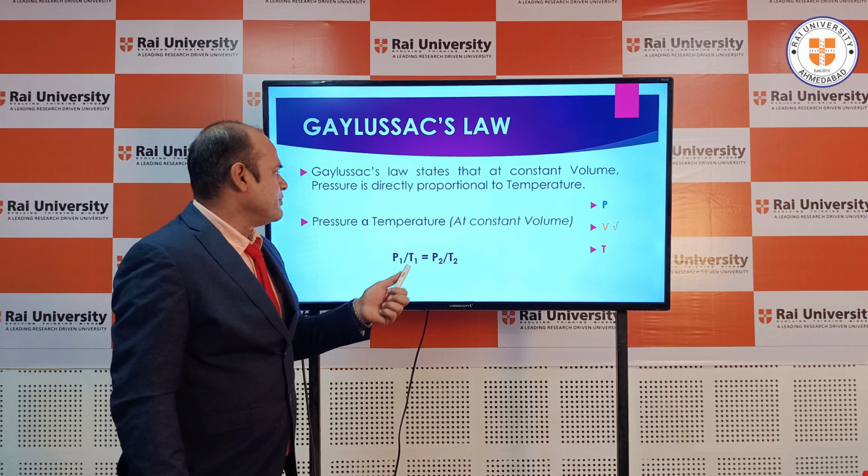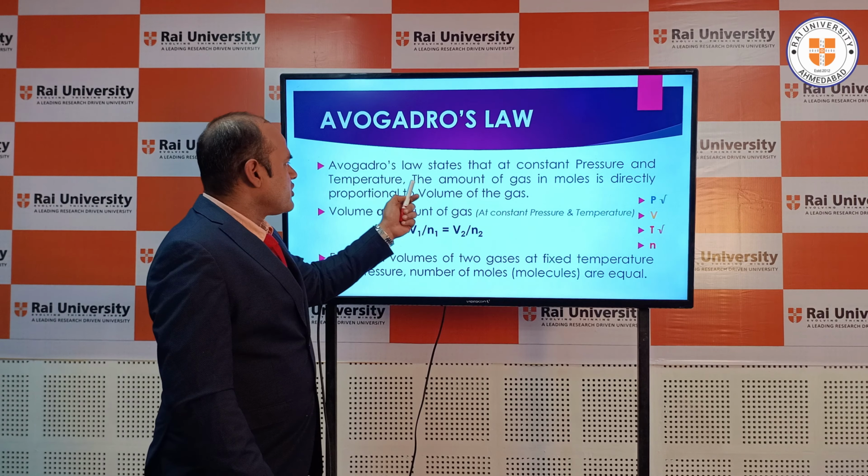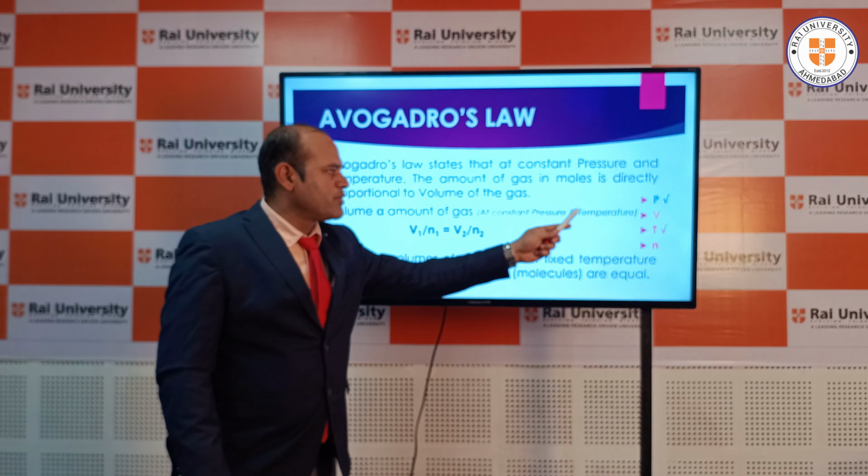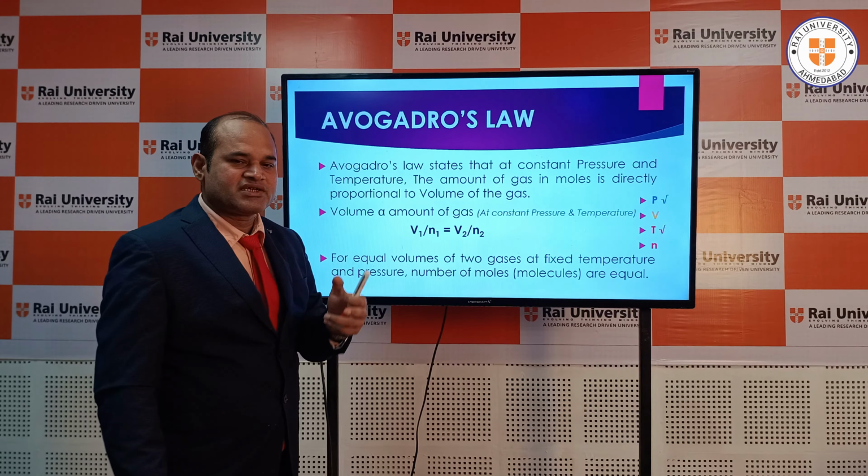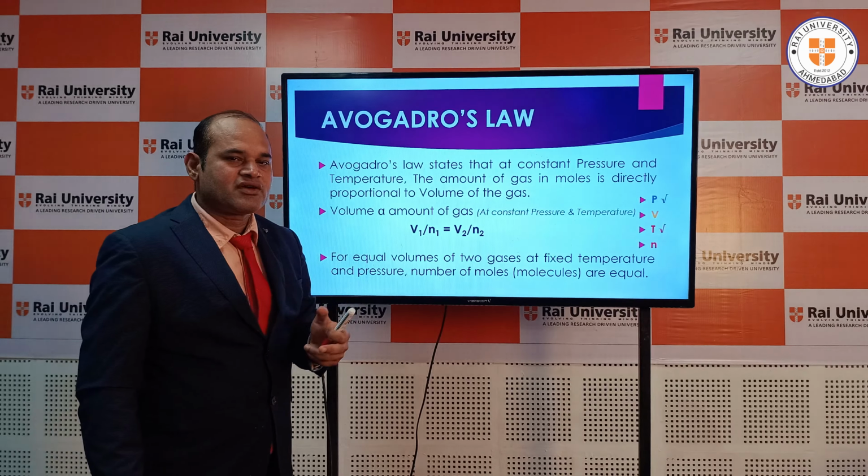Next is Avogadro's law. In Avogadro's law, pressure and temperature are both constant, and volume and number of moles are the two variables. Avogadro's law states that at constant pressure and temperature, the amount of gas in moles is directly proportional to the volume of the gas.